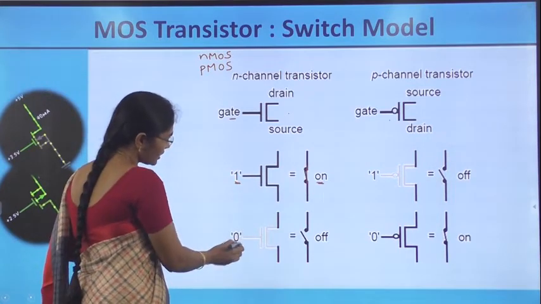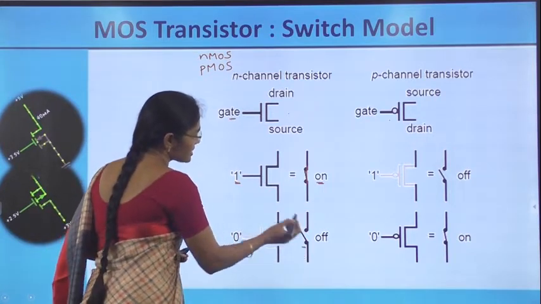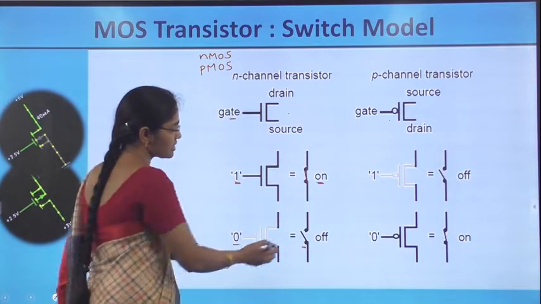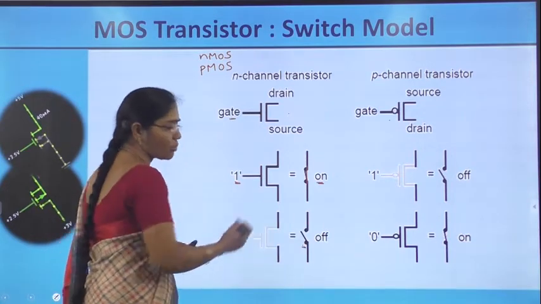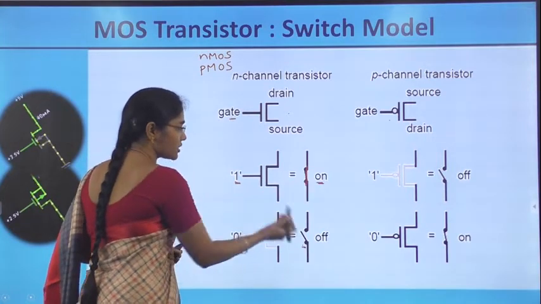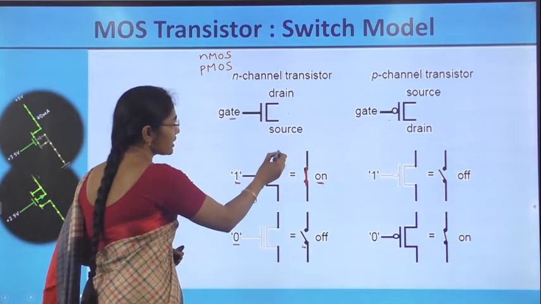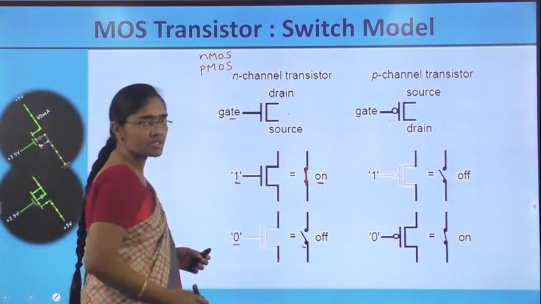Similarly, when the gate is applied with 0 volts, this NMOS transistor is off. Off means it is an open switch, meaning simply it is acting as an open circuit. So based on this switching action, the switch may be shorted from this end to this end or open from this end to this end.